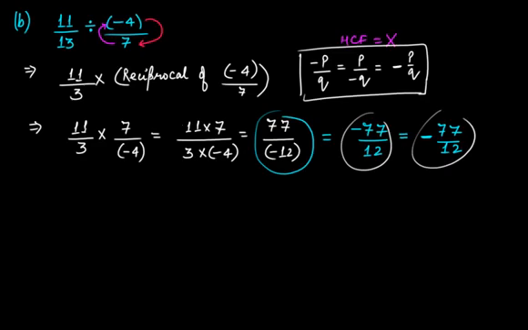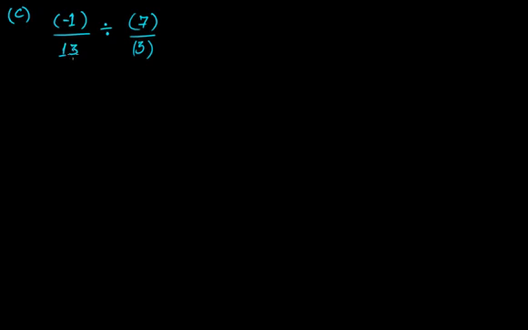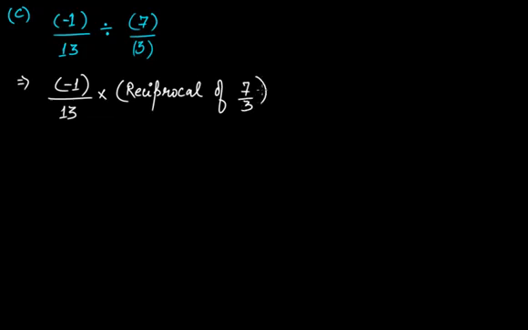Now, minus 1 over 13 divided by 7 over 3. So this becomes minus 1 over 13 times the reciprocal of 7 over 3.